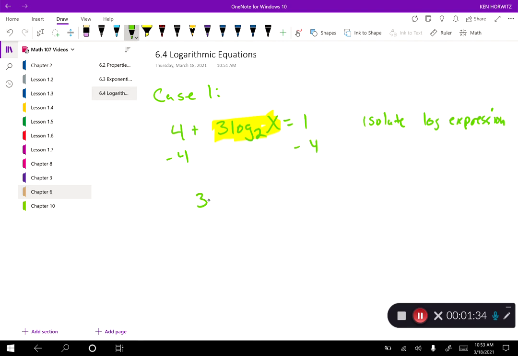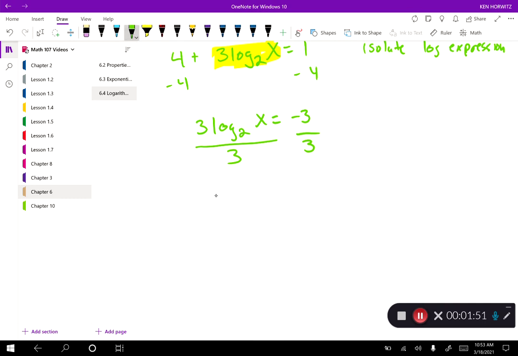And then I wind up with 3 log base 2 of x equals -3. And then I'm going to divide by 3 on both sides to further isolate the expression. So then I have log base 2 of x equals -1.